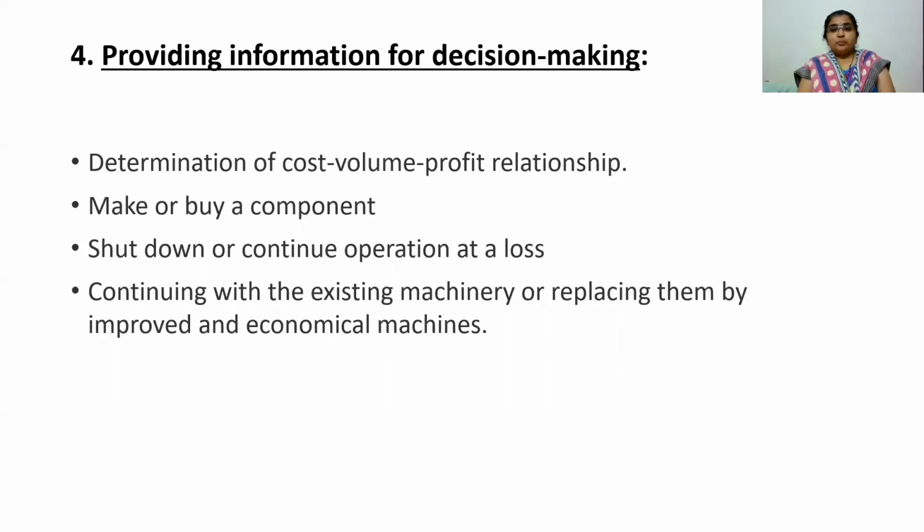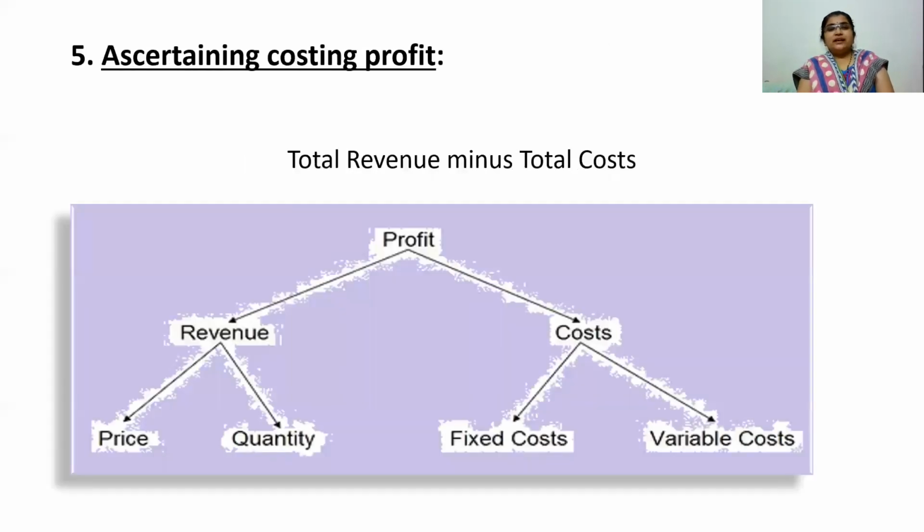Shut down or continue operation at loss time, and continuing with the existing machinery or replacing it with improved and economical machines. It helps us decide whether we need to replace the old machinery, which may be outdated by technology, or whether it is helpful to maintain it or not. That helps us make a decision with the help of total cost accounting.